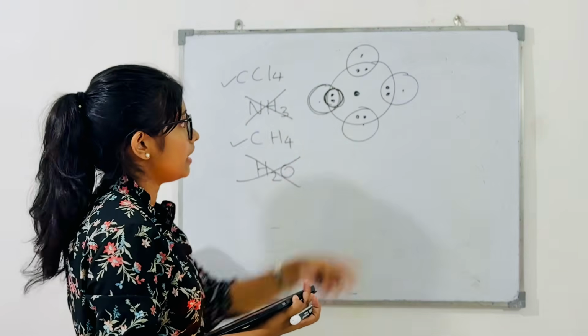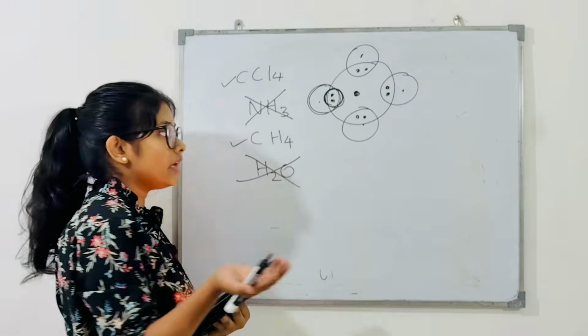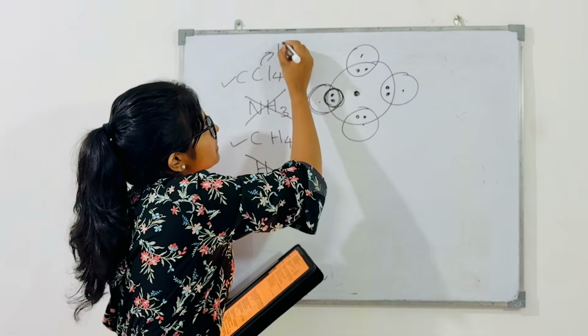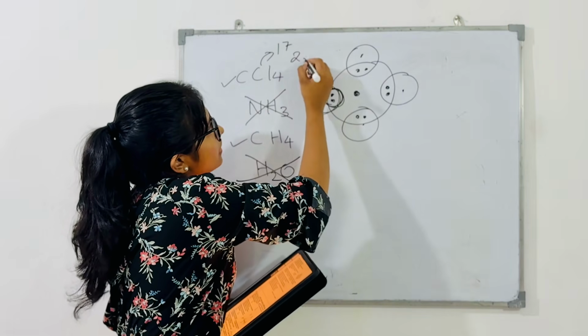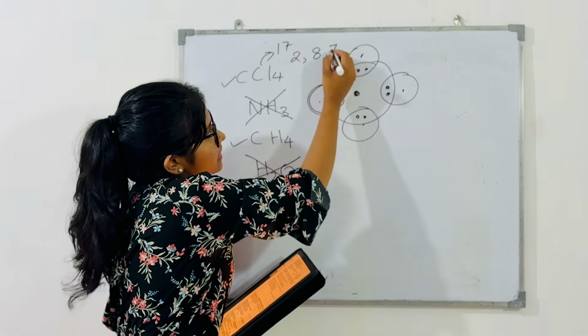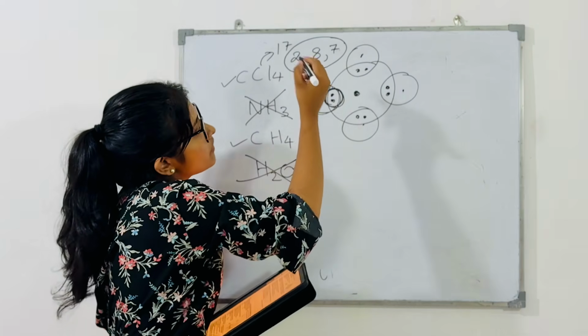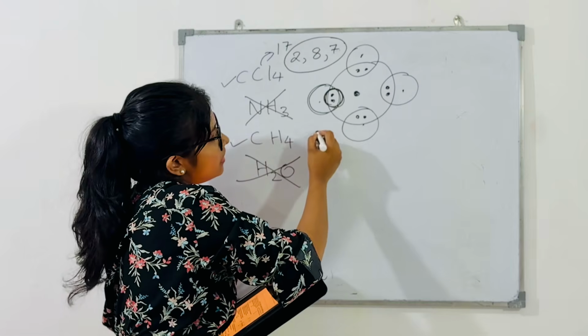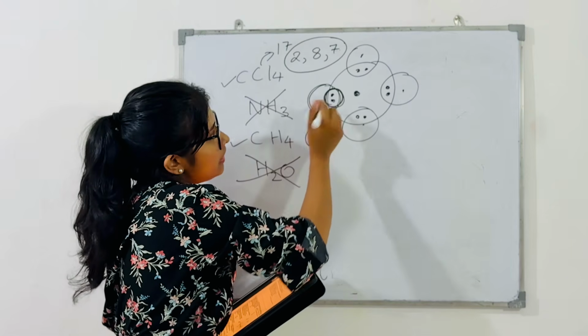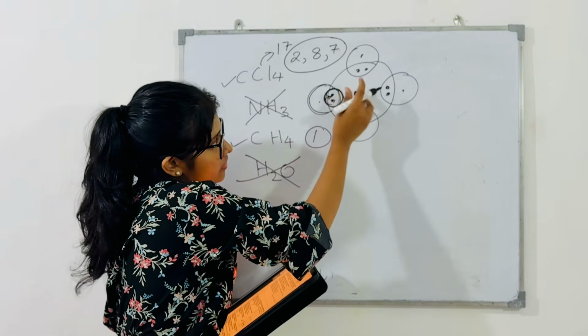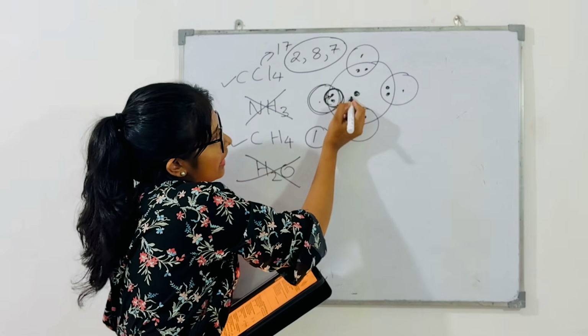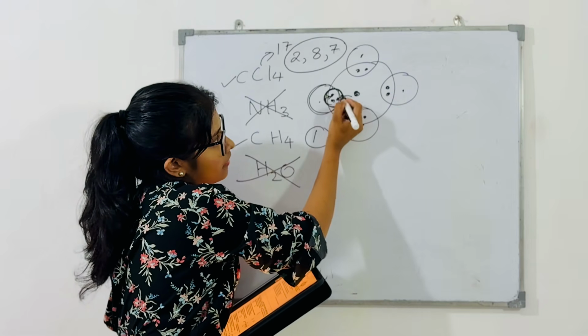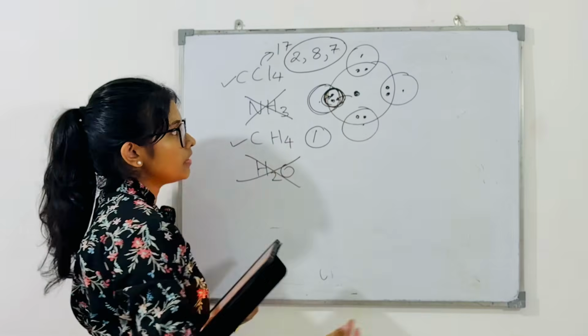So chlorine cannot be like this because it's a very large atom. Its atomic number is 17, so it contains 2, 8, 7 electrons. Hydrogen is only 1. The atomic number is 1. It's sharing 1 electron with the middle atom, and the middle atom also shares 1 electron with it, so they form this bond.